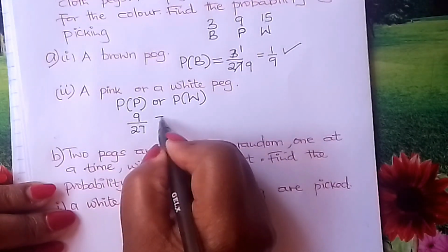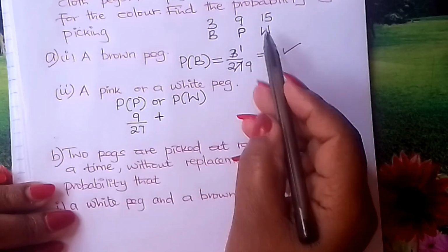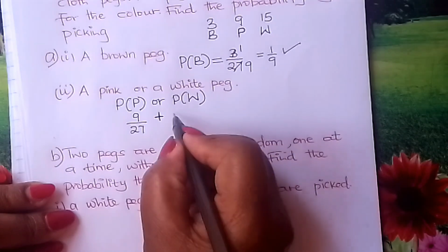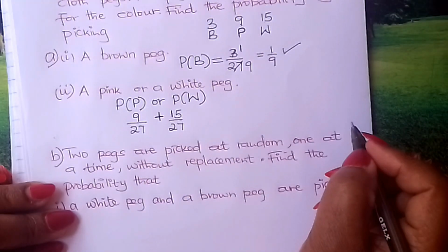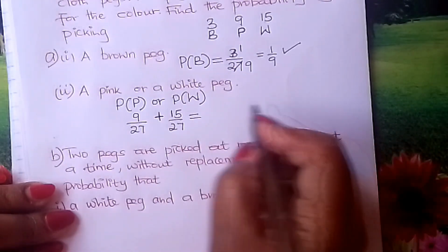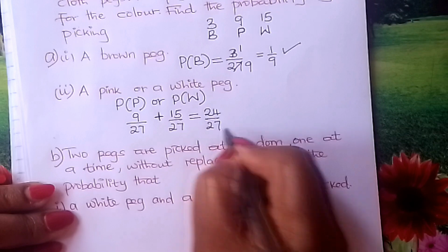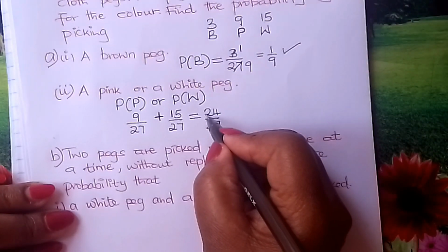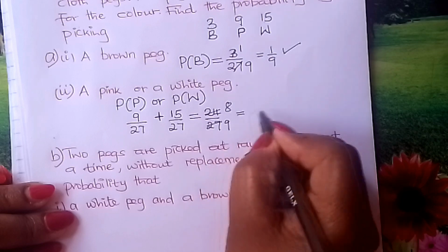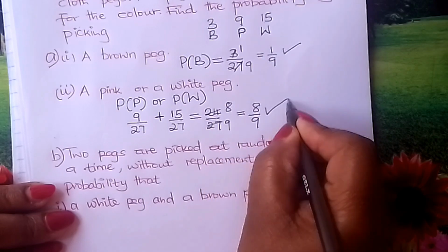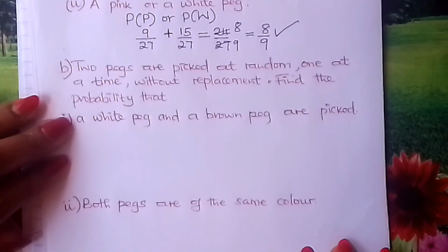In probability we replace "or" with plus. Probability of picking a white are 15, so 15 out of 27, learners. Using a calculator, you'll get 24 out of 27. Then you reduce by 3 to get 8 over 9, the probability of picking a pink or a white peg, learners.